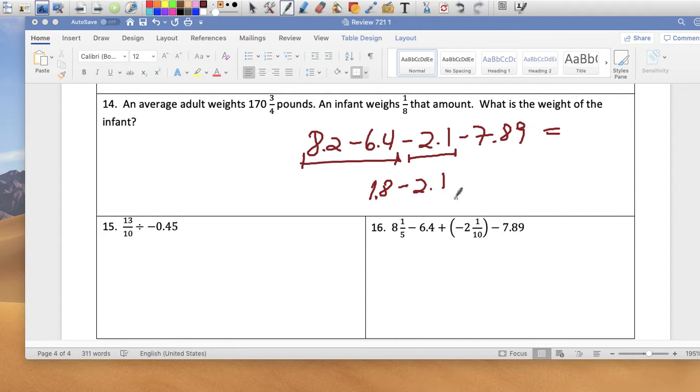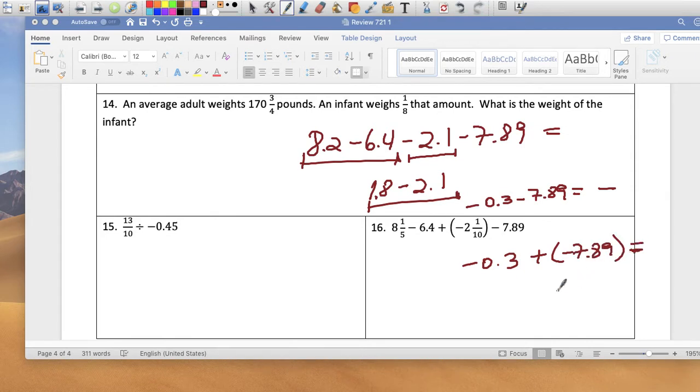I'm taking care of this guy over here, right? So think about money. You have $1.80 and you spent $2.10. So now you're going to be at negative 0.3, which you're going to add to negative 7.989. It's going to be a negative number. So if you're more comfortable seeing it this way, you can change it.